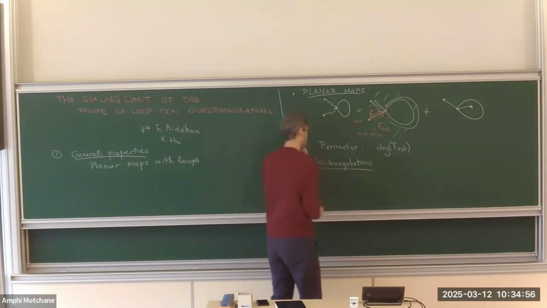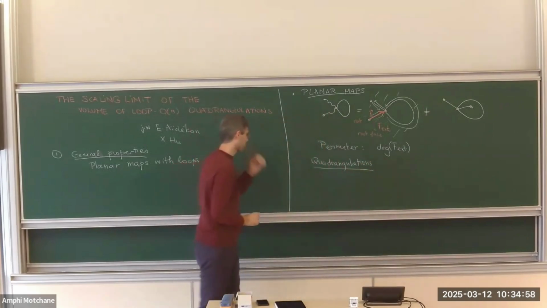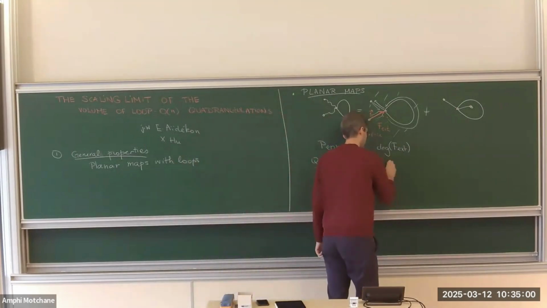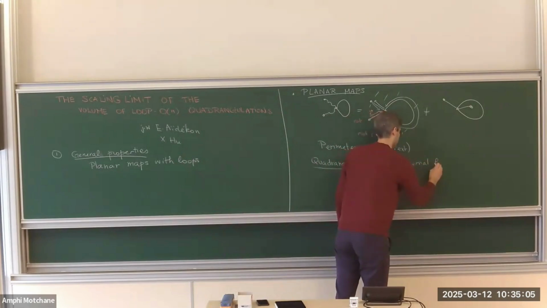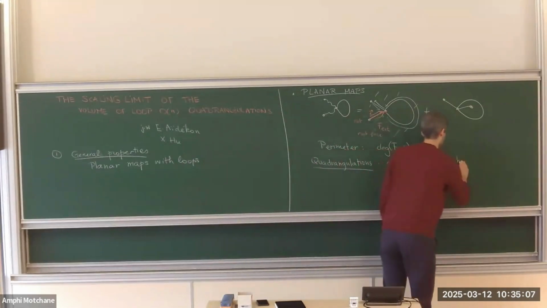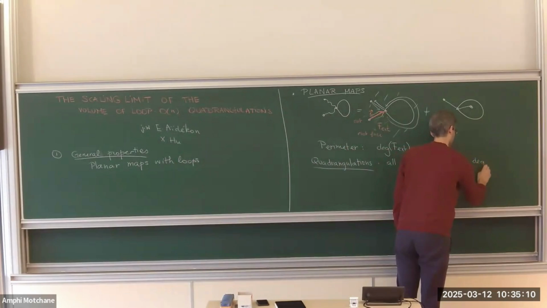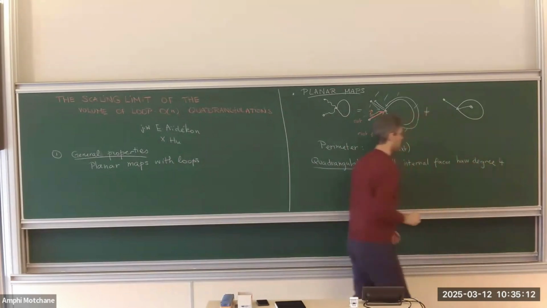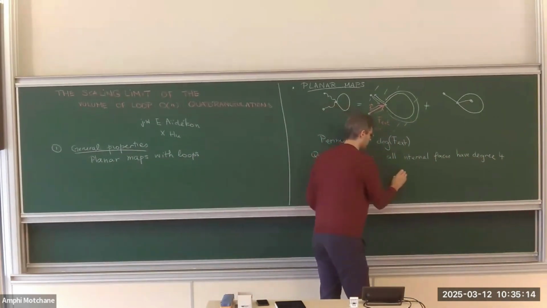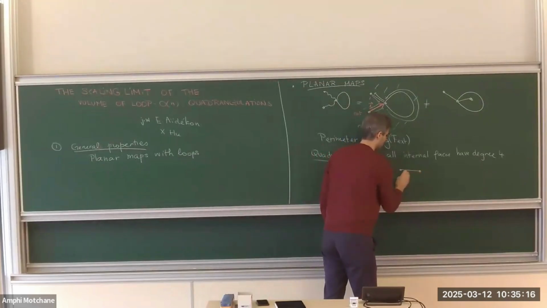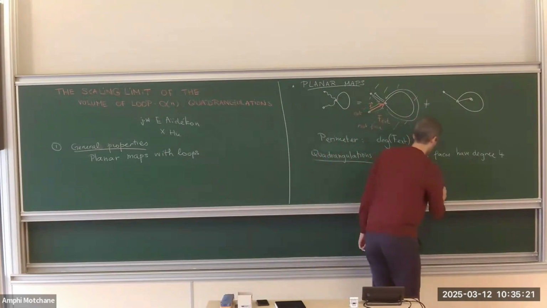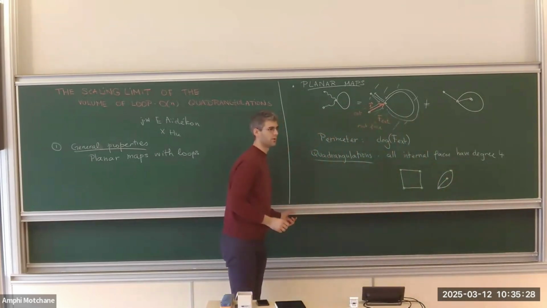We're going to stick to quadrangulations from now on, where all the internal faces have degree 4, meaning that you essentially have two types of faces, either squares like this, or something like this, which also has degree 4.